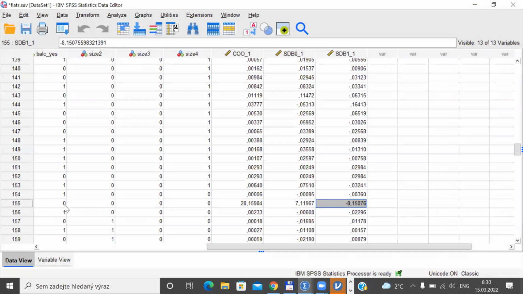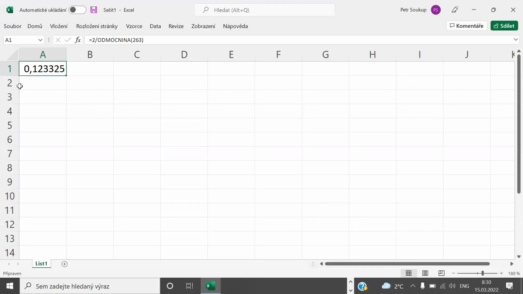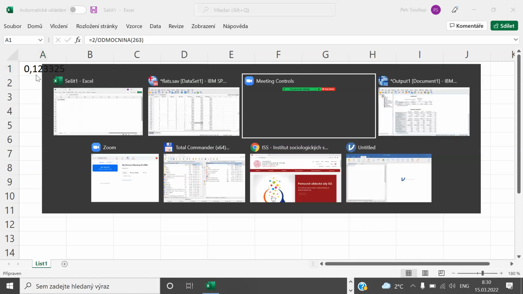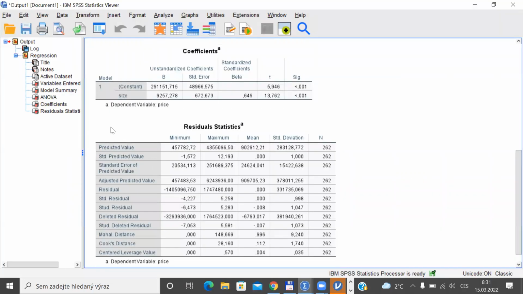Please try to avoid this point in your analysis. And you can also see that it influences not only the slope, but also the intercept quite a lot. 7.11 is once again much bigger than 0.12. So that's detection of influentials in the SPSS environment automatically.